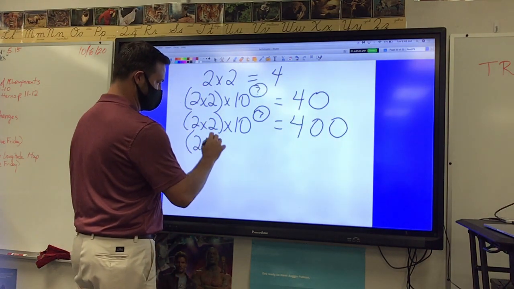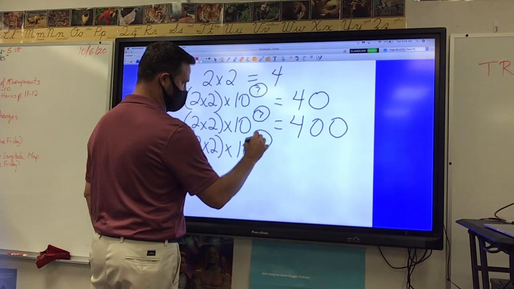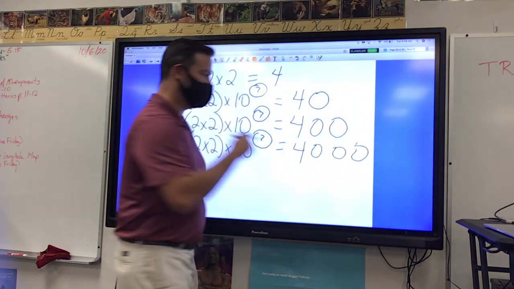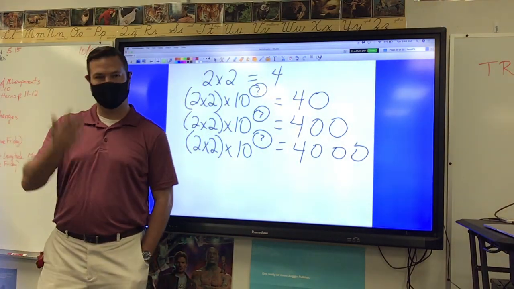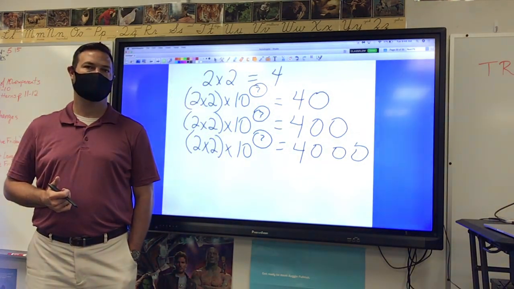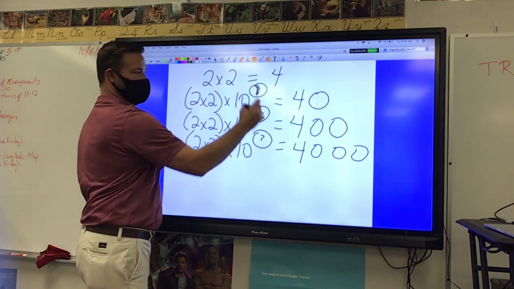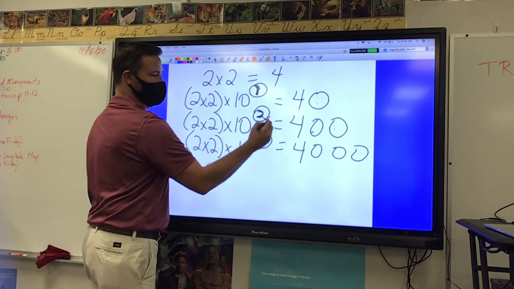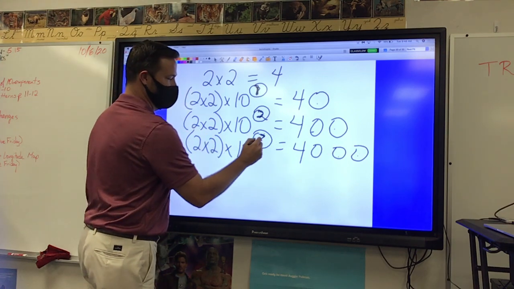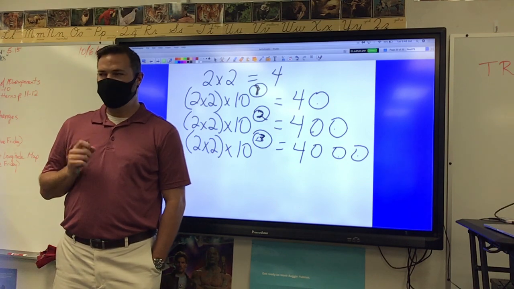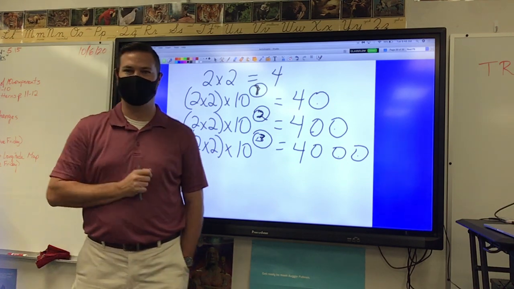Or 2 times 2 times 10 to the blank equals this. Well, how do you figure out what your missing exponent is? Count how many zeros, right? 1 zero, so that means a 1 goes in here. 2 zeros, that means a 2 goes here. 1, 2, 3, that means there's 3 zeros in here. Okay?